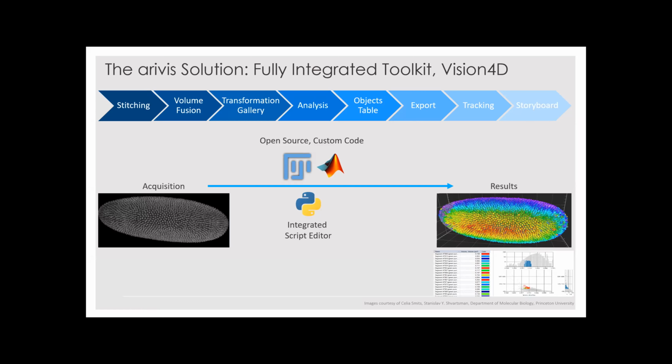So if you do have to extend the software, we try and make it in a way that you can still stay within the environment and not move your data around, which if anyone here has worked with these images firsthand, which I know some of you have, from systems like the Lattice, that is a challenge to move these large data sets in between different environments. So being able to stay in one is really a benefit.